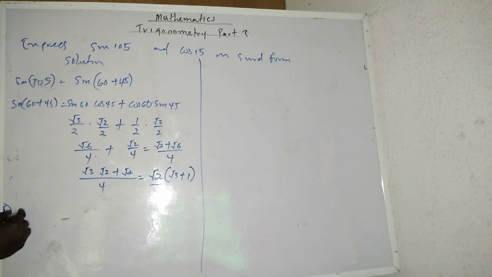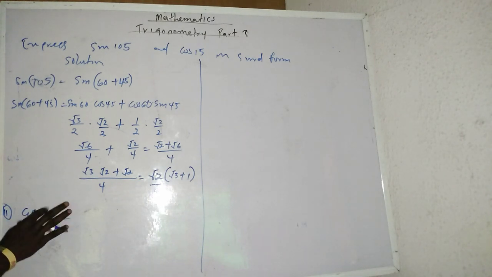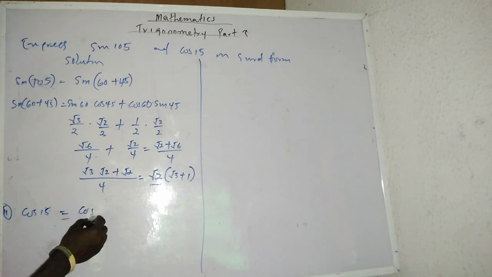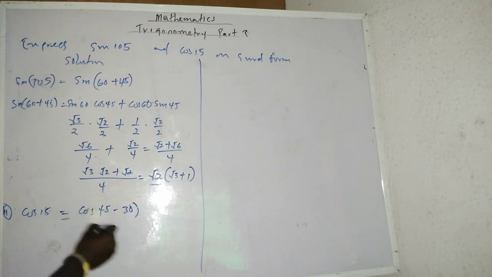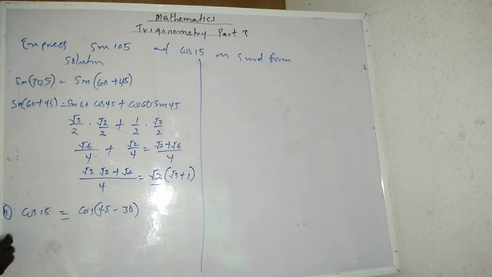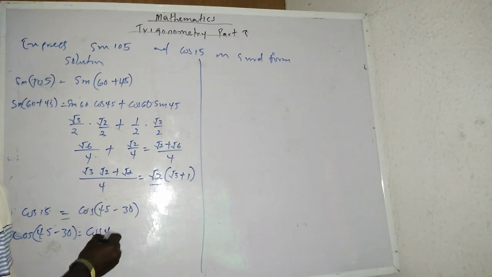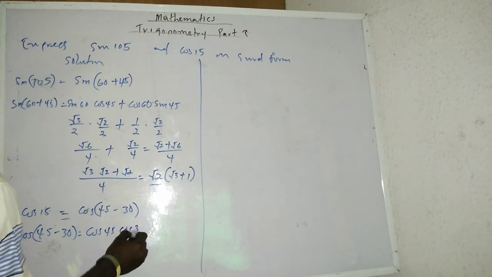Now, the next one, number 2. I have cos 15. Cos 15 can be expressed as cos 45 minus 30, which will surely give me 15. Cos 45 minus 30, which will give me cos 45 cos 30.